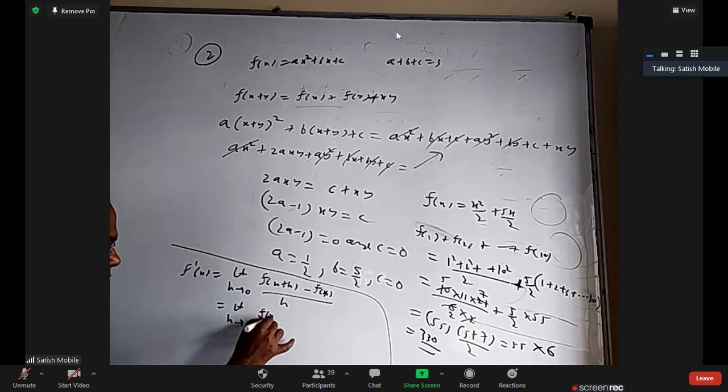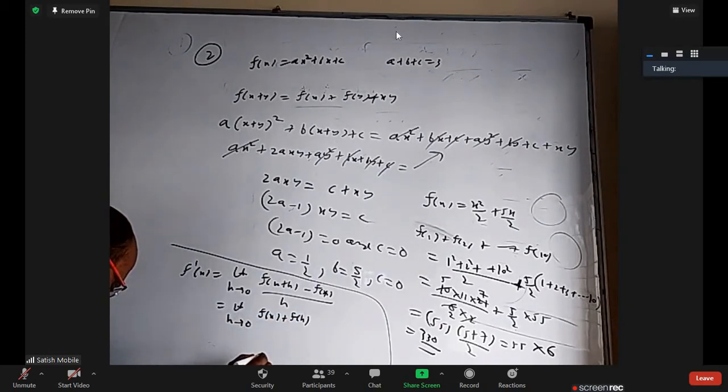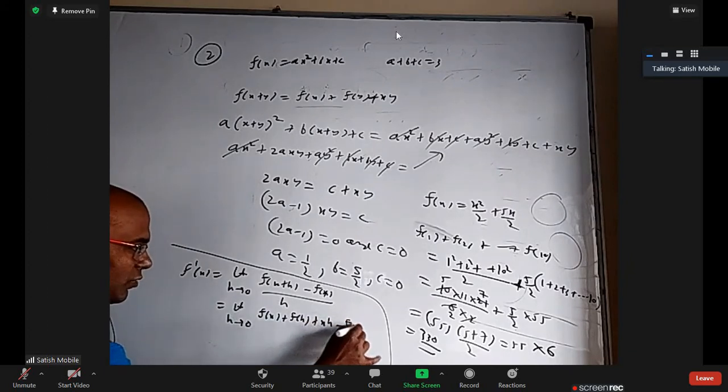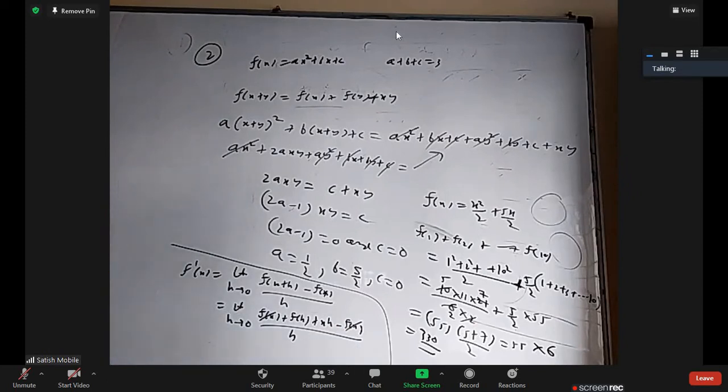So based on that, I can write f of x plus f of h plus xh minus f of x by h. F of x will cancel. Here h will cancel. F of h by h is f dash h by h. I can use first principle because f of 0 is 0. Why f of 0 should be 0? Otherwise this limit will not exist. It will not be differentiable. And it is a polynomial, it should be differentiable.